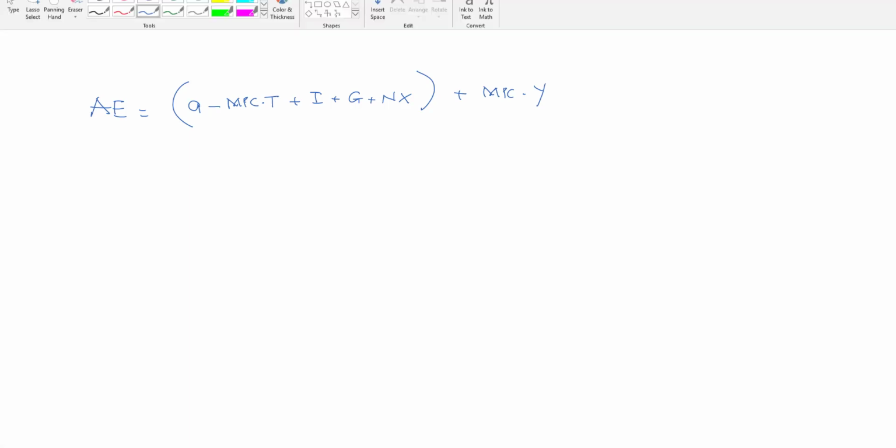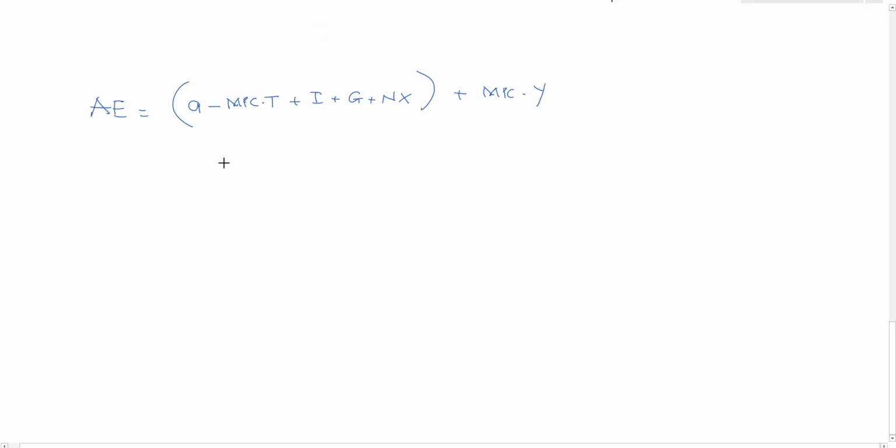So let's do this. Now AE as a function of Y, right? So real income, this is a weird Y. My Y looks like that very often. So this is the real income. This is aggregate expenditure. And let's look at the intercept.